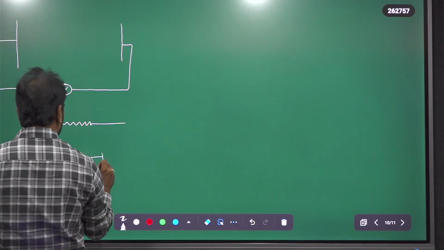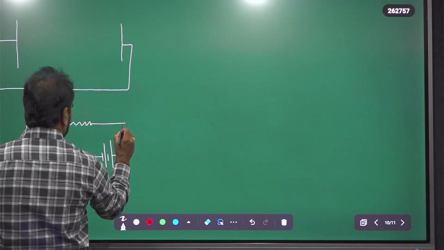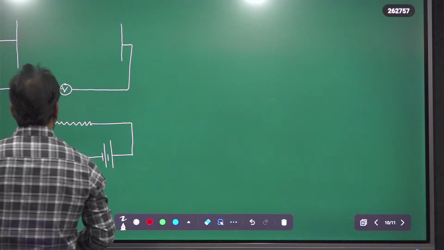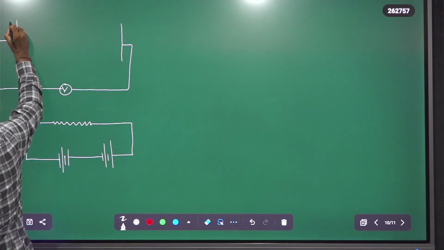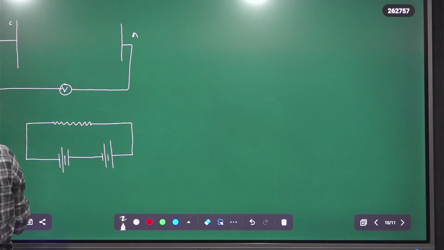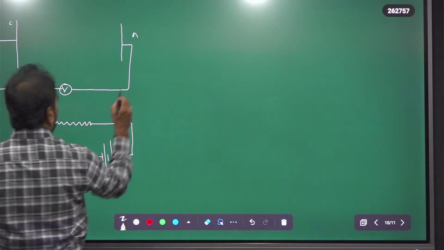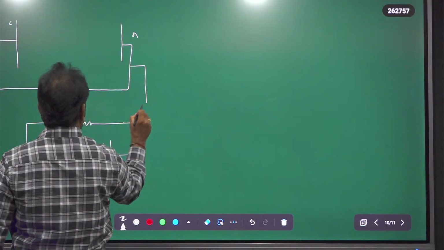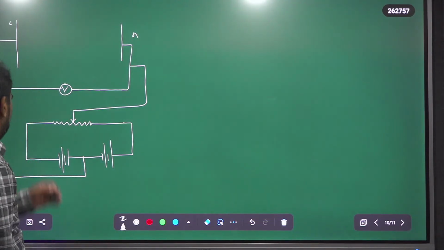This is the cathode and this is the anode. The cathode is connected like this, and the anode is connected across a variable resistor.